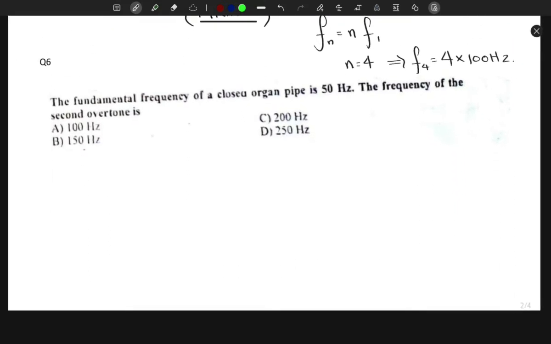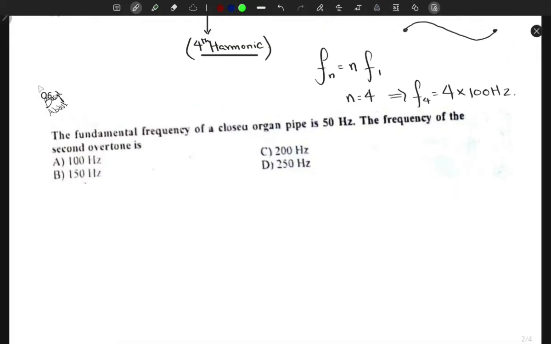Now let's move on to question number 6. The fundamental frequency of a closed organ pipe is 50 hertz. So this is the fundamental frequency of a closed organ pipe. So these two are the important points in this question at this point.